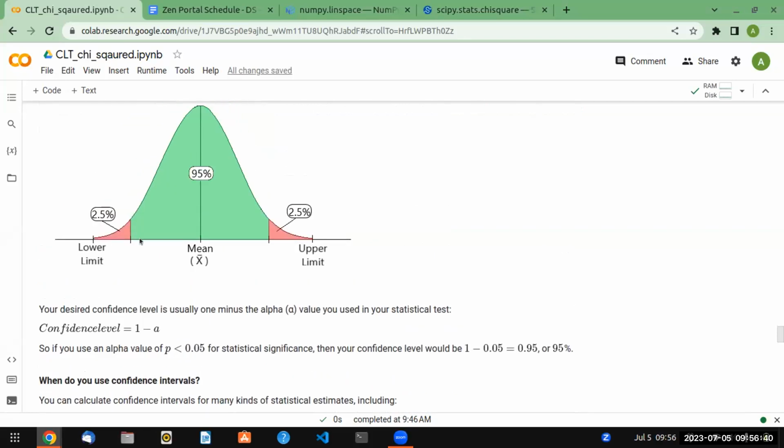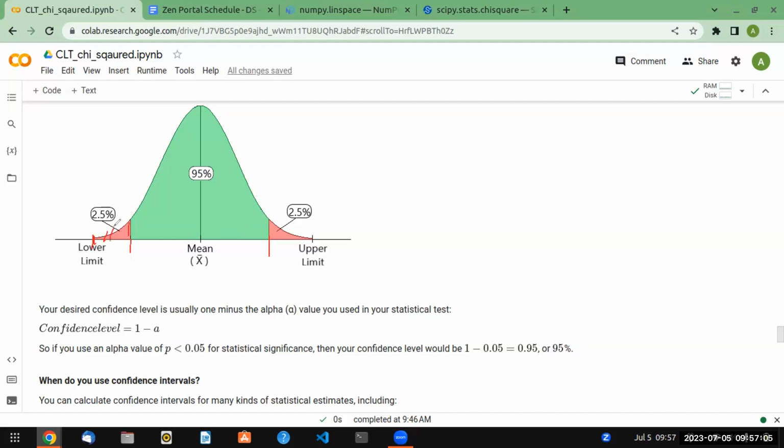So here, if you see what I just described, if I tell you that I am 95% sure my mean will be falling between which region? This to this. That means I am 5% sure my mean will fall into these two red regions, isn't it?